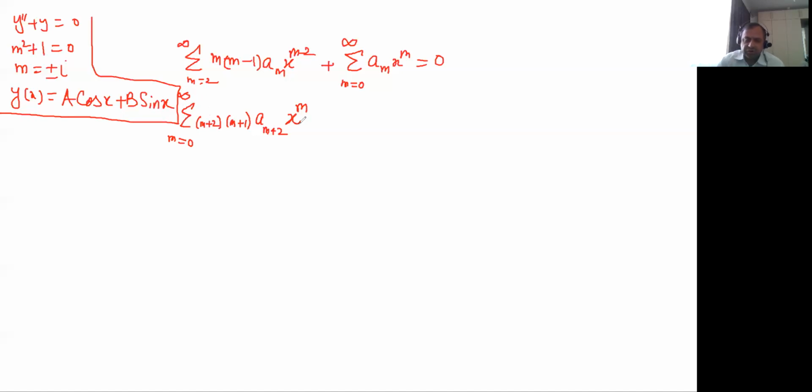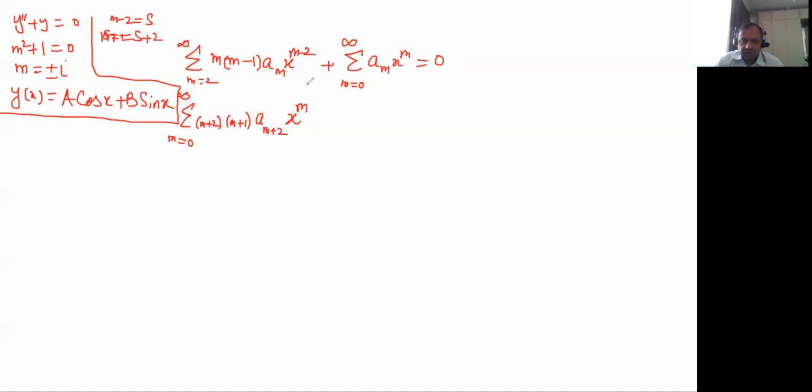So this is one way of looking at this. Another way of looking at this, which is also mentioned in the book, is that we can assume m minus 2 is equal to, say, s. Then m will become s plus 2.